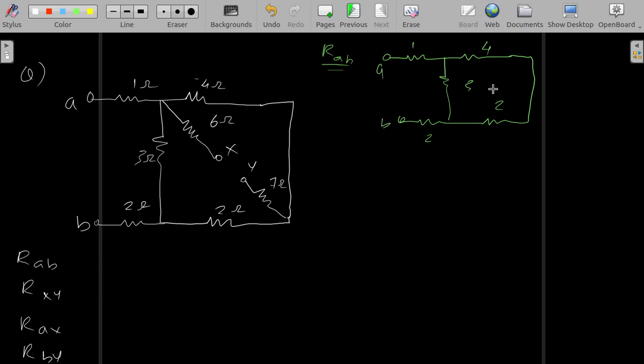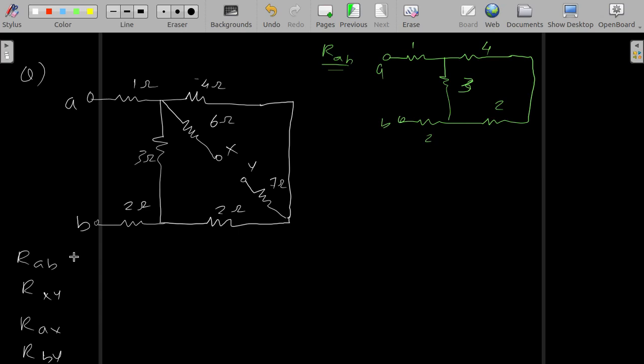Okay. So now from this, what can you identify? Here 4 and 2 are in series, right? And this equivalent resistance of 4 and 2 is in parallel with 3, and this whole thing is in series with 2 and 1.